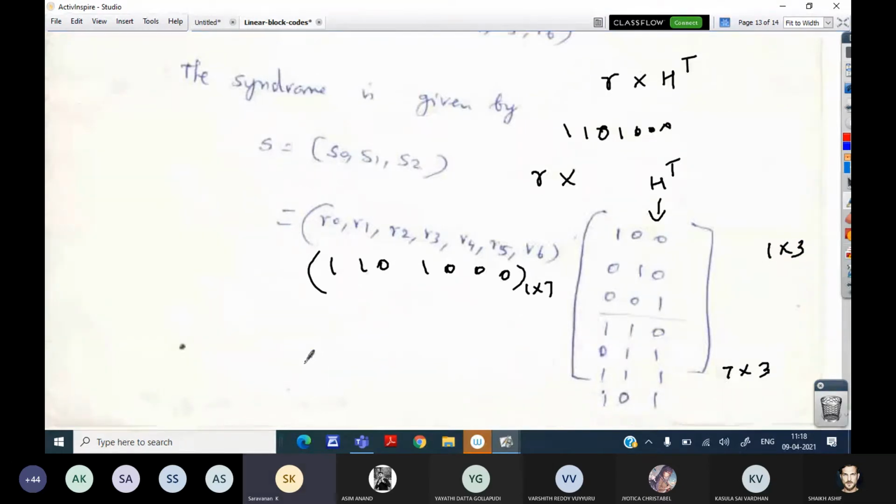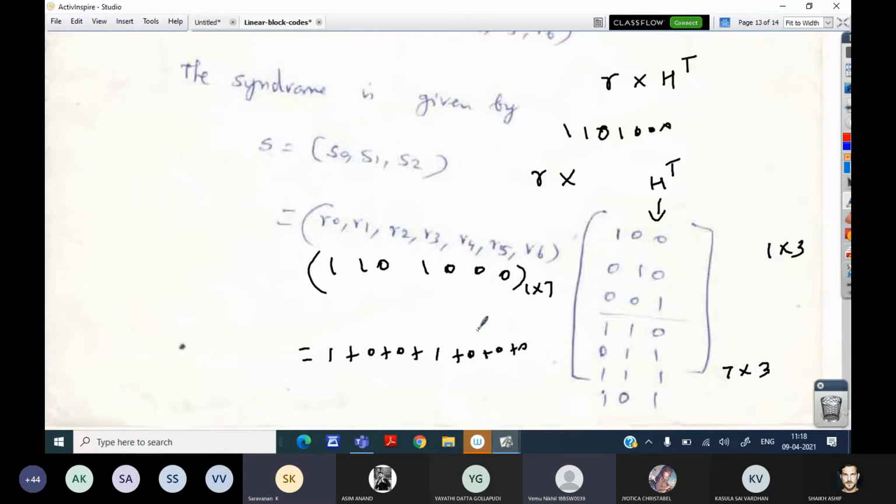Can you multiply and tell me what value you get after multiplication? 1 into 1 is 1, the first bit. Then 1 into 0 is 0, the next bit is 0, again 1 into 1. So you will get 1 plus 0 plus 1, and again all bits are 0. Sir, 220 final answer? S0, S1, S2, 220?